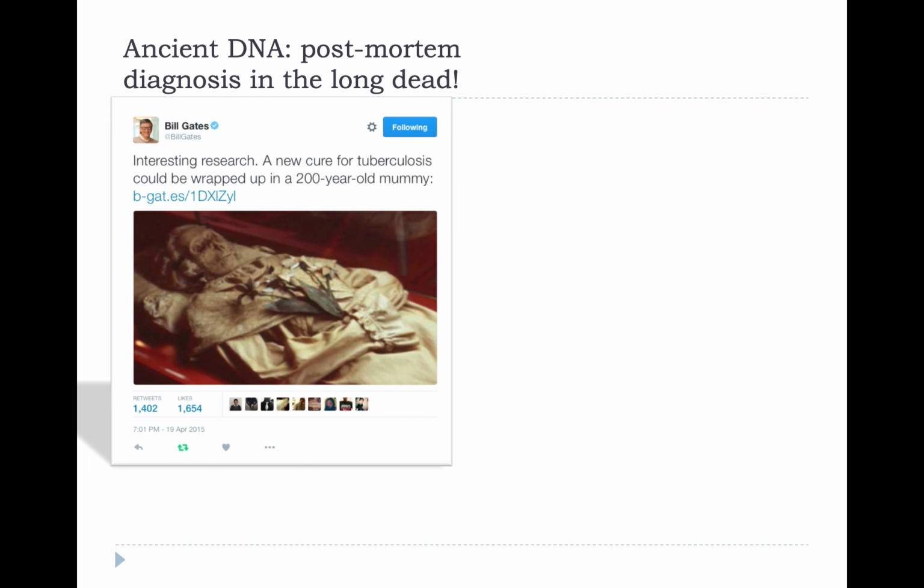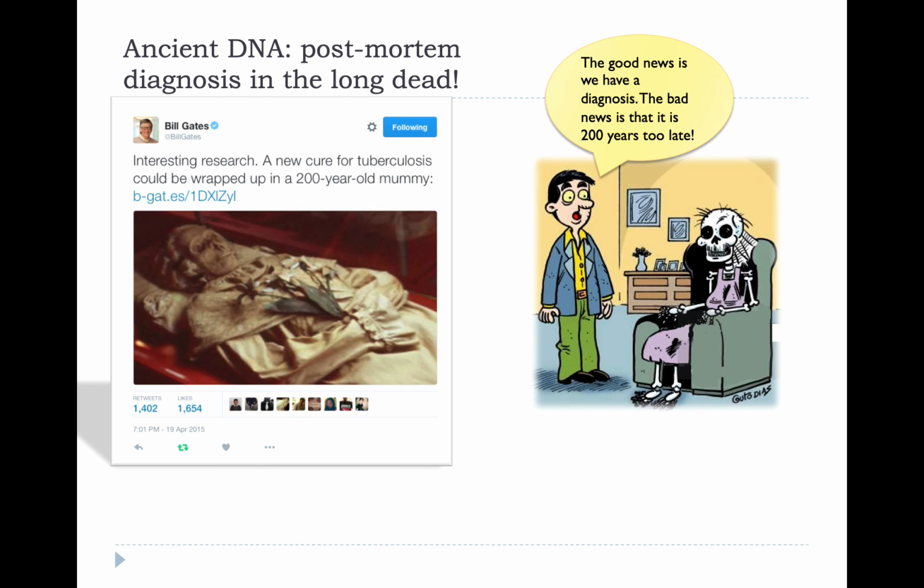There's no new cure for TB, but actually the approach we'd used hadn't been used on contemporary samples. And obviously, if we're looking at 200-year-old diagnosis, it's a bit late to make any interventions. And so I said, why don't we try this on contemporary samples?